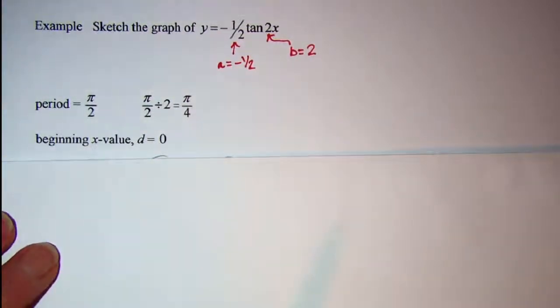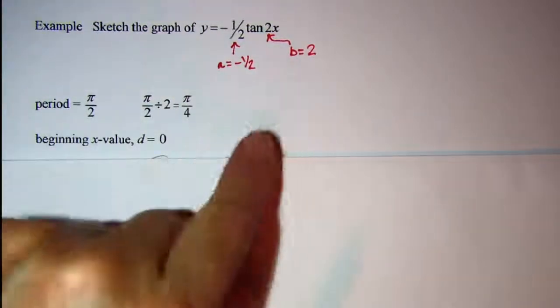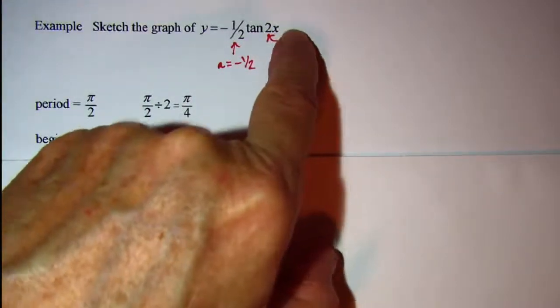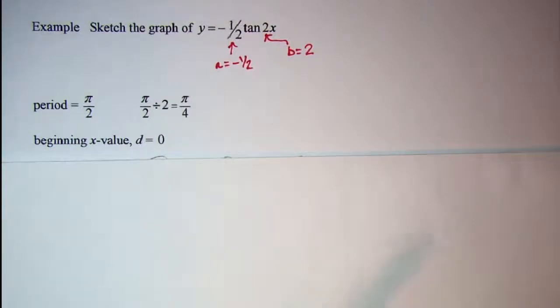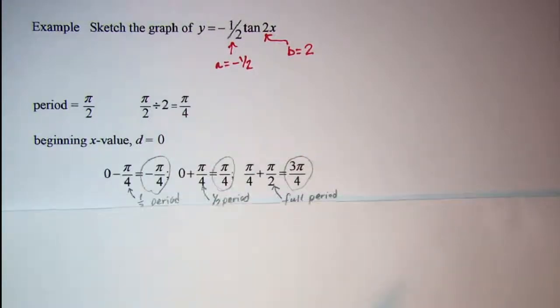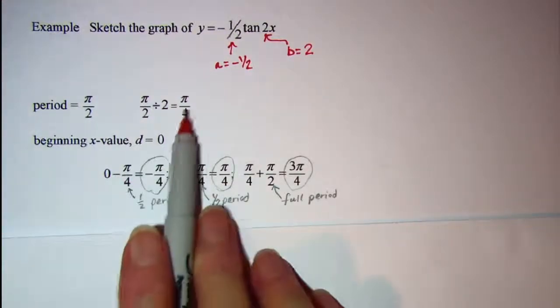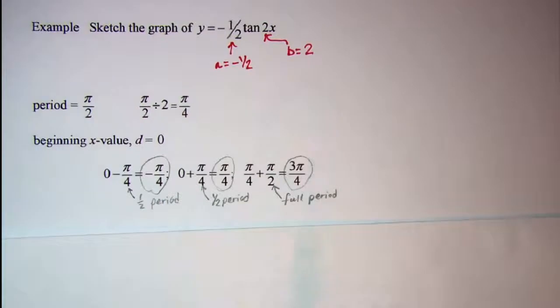Then we take our beginning x value, which we said was 0 since there's no number added on to the x back here, and we take our 0 and subtract this half a period, and we get negative pi over 4.